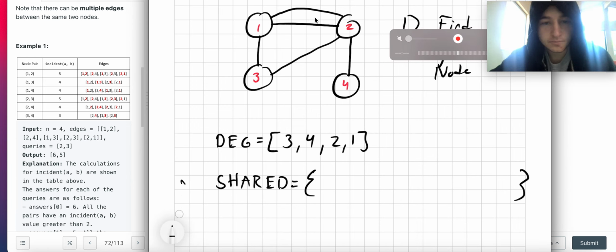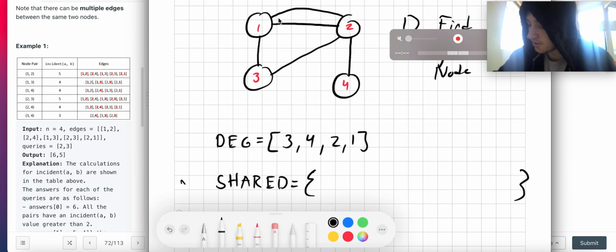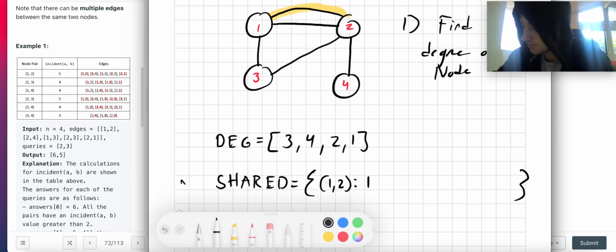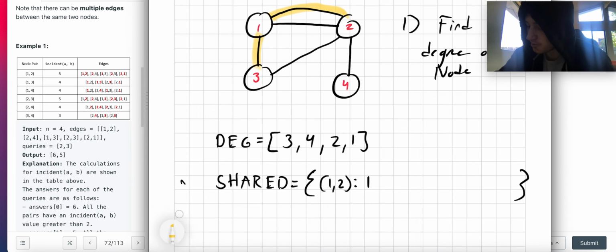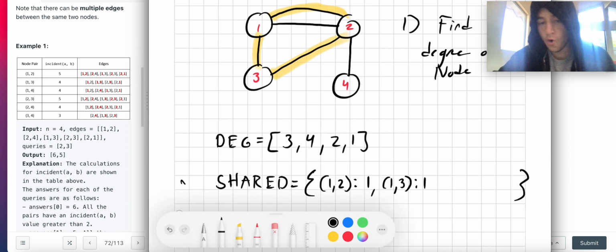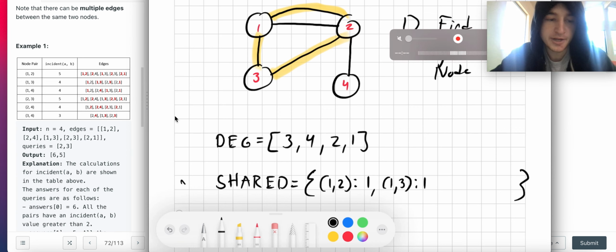So if I look at an edge, I can say, okay, between 1 and 2, there's 1 shared edge. Maybe I look at this edge. Okay, between 1 and 3, there's 1 shared edge. And then I look at the next edge here. Now we're always going to do the minimum vertex and then the maximum, so I don't put 3, 2, I put 2, 3.